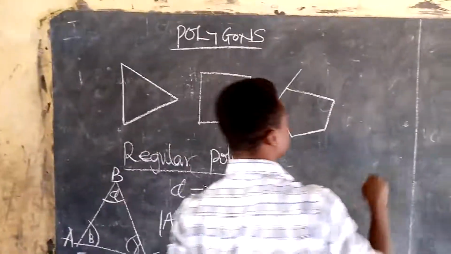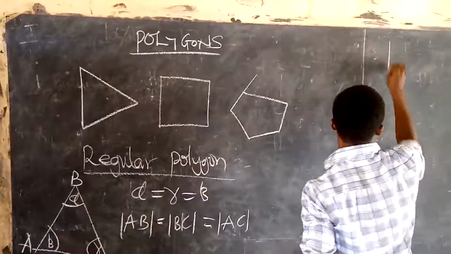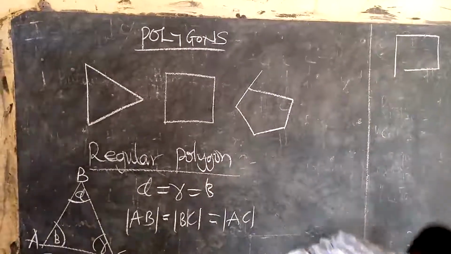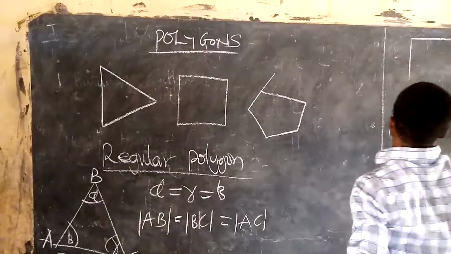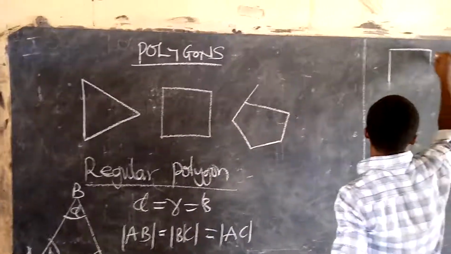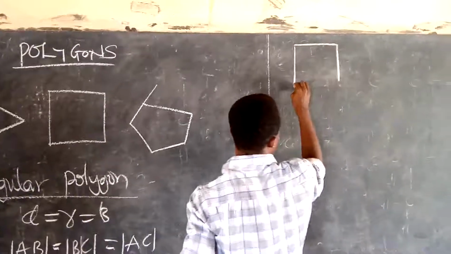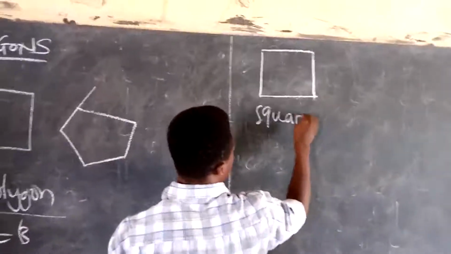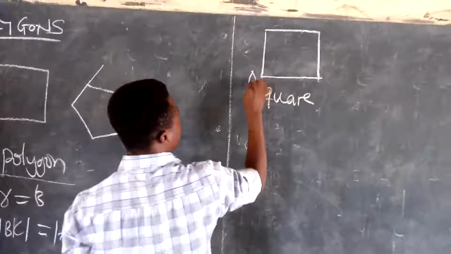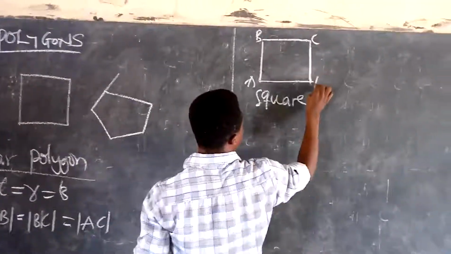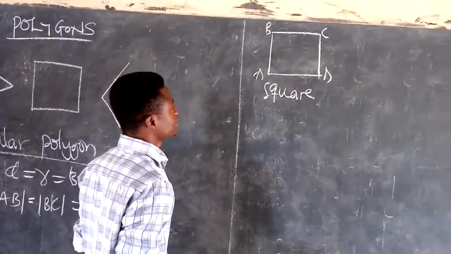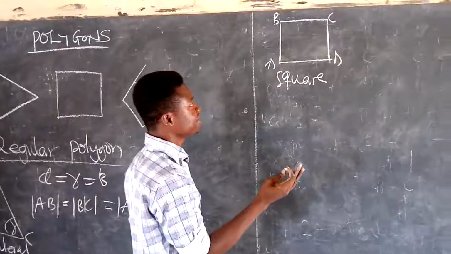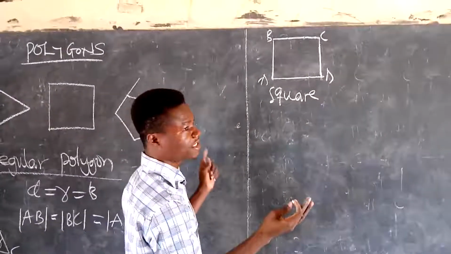Another type of regular polygon is the square. But this one doesn't look like a square, so let's draw a proper square. Let's say this is A, B, C, and D. For this to be classified as a regular polygon, the interior angles should be the same and the sides should be the same.